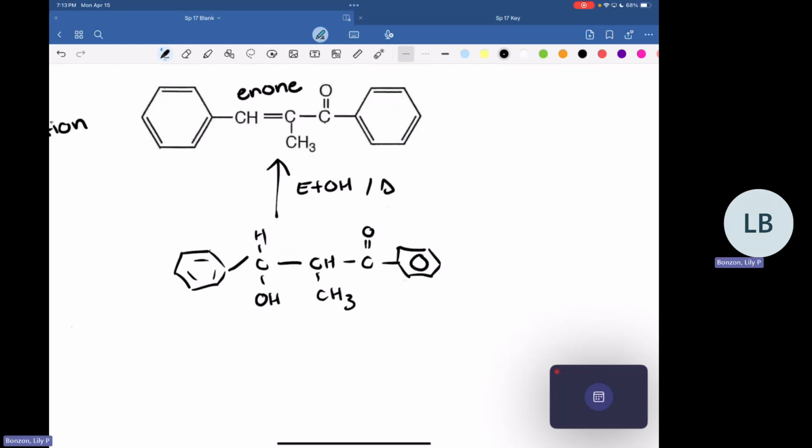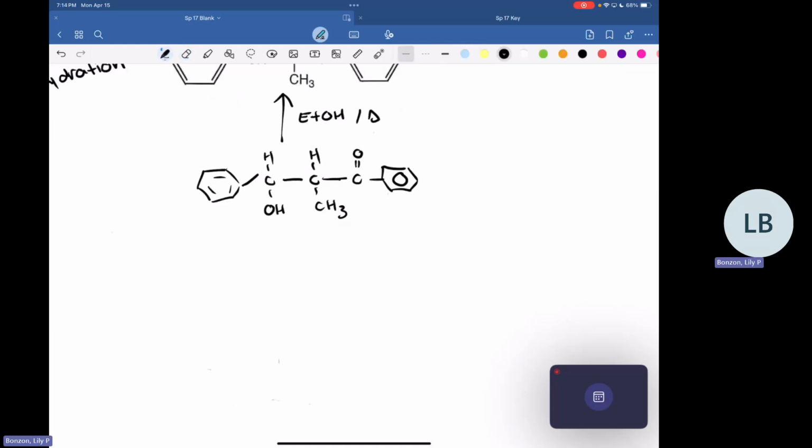So going in the forward direction, this would do kind of like an elimination reaction. So this would take off the hydrogen, the heat would, actually I believe the oxygen would get protonated first, and then it would leave, and then the hydrogen would come in and form that double bond.